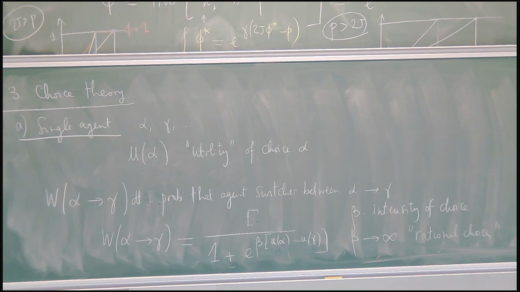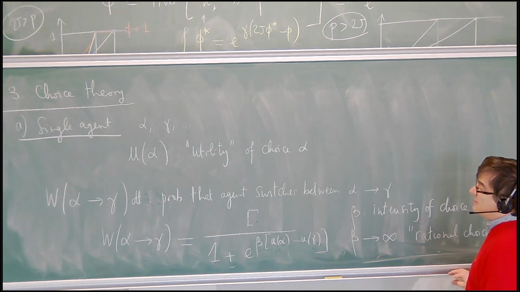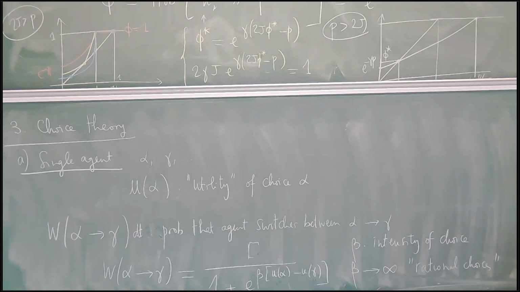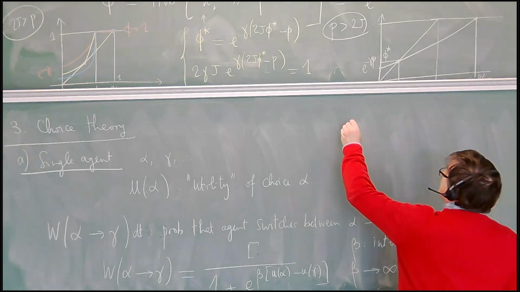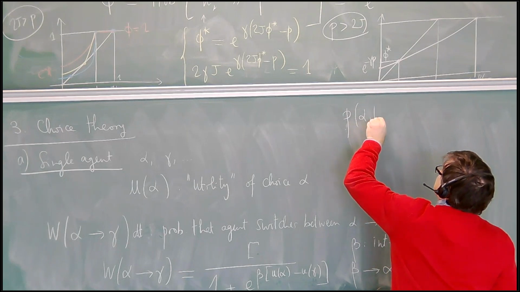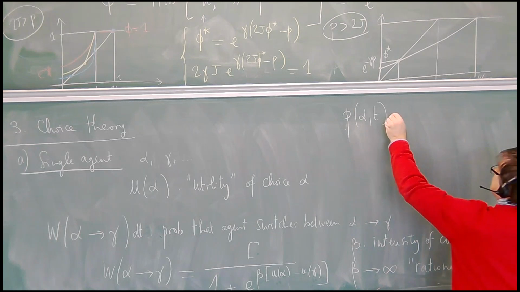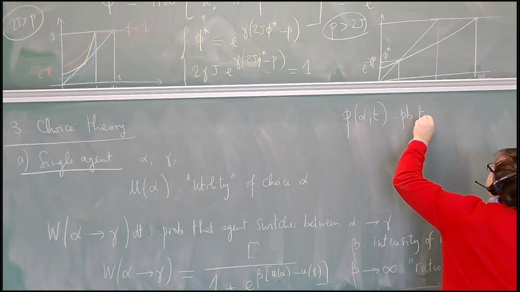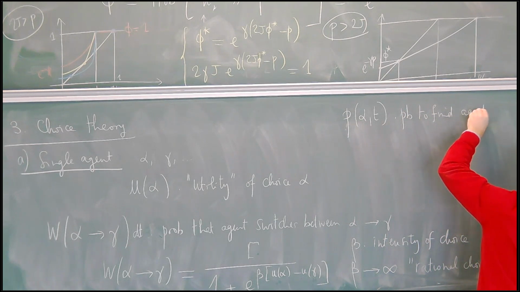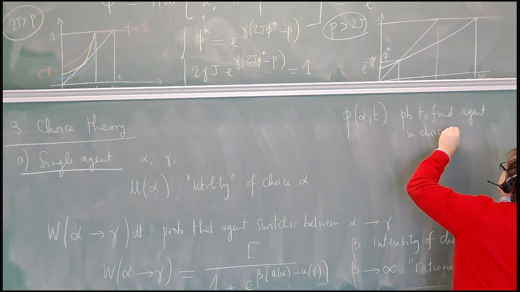And so now we want to describe the agent as a probabilistic process. And so we're going to introduce the probability that the agent has made choice alpha at time t. This is the probability to find the agent in choice alpha at t.